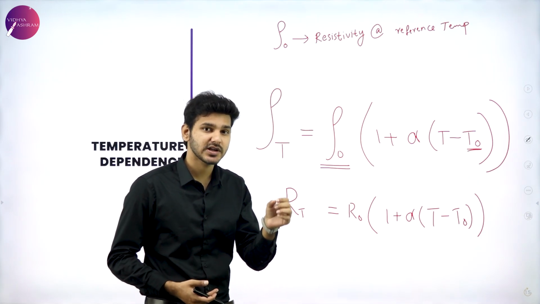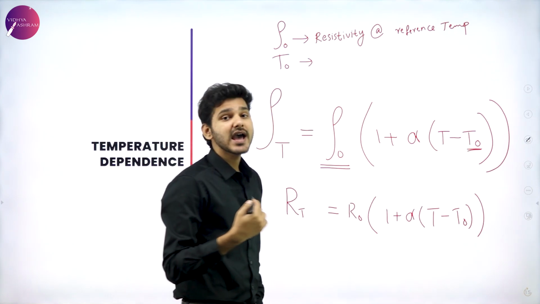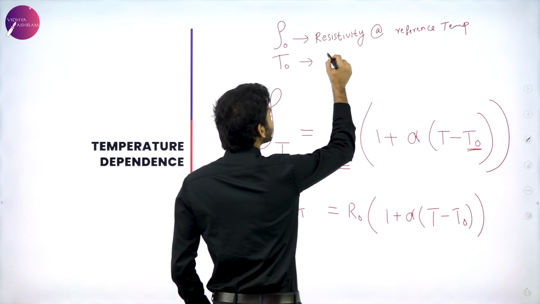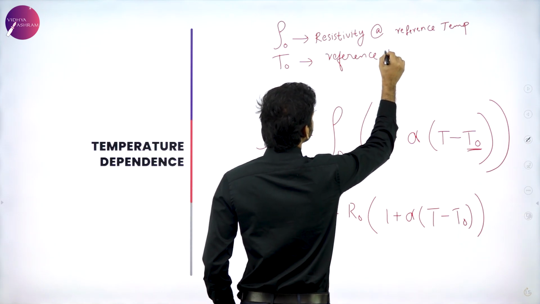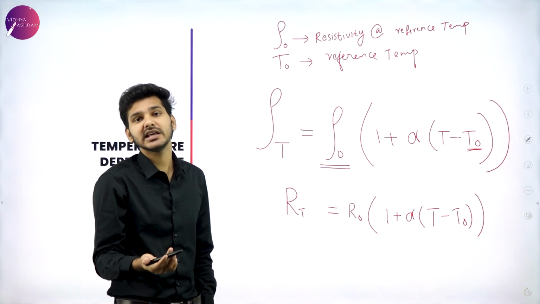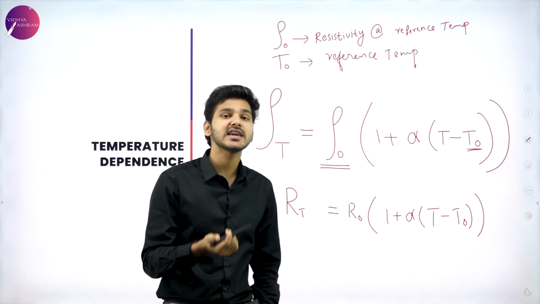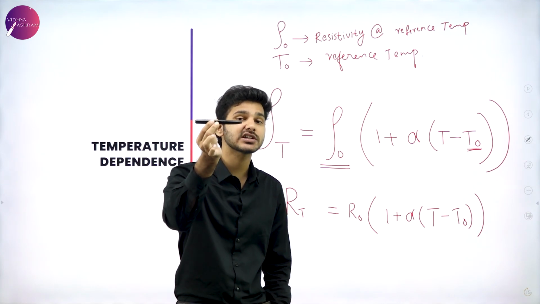That is the starting stage where rho naught has a fixed value. That particular temperature in the reference condition is known as T naught, the reference temperature, let's say 28 degrees Celsius. I have a particular wire which is going to be connected to a circuit.